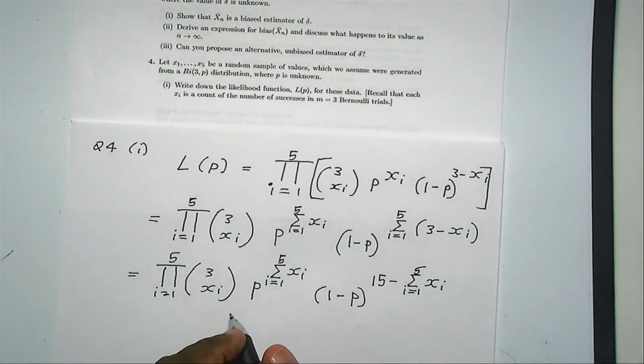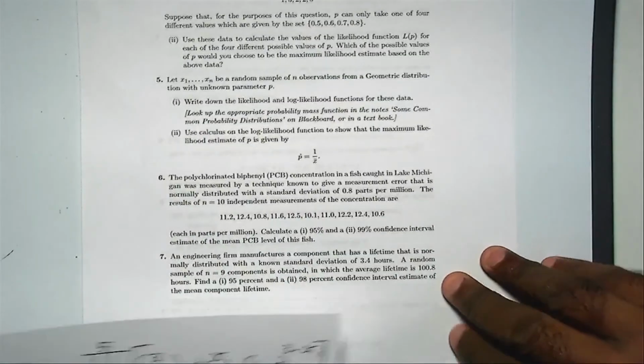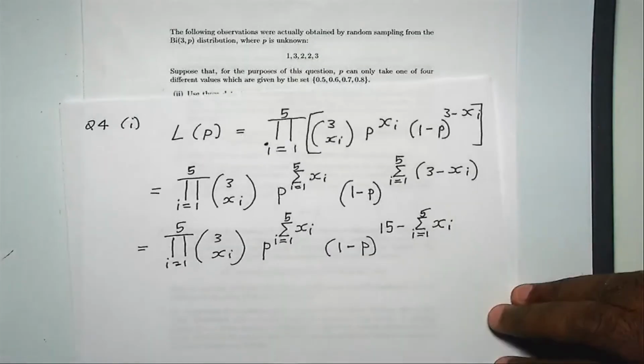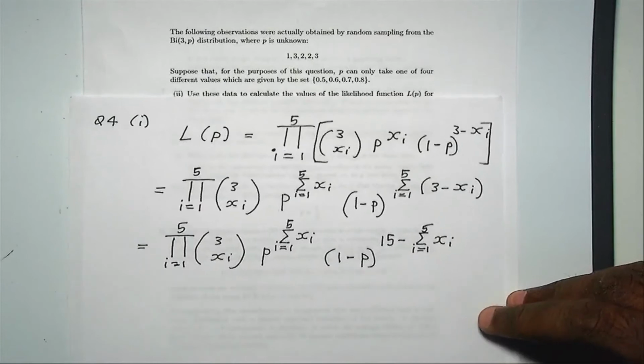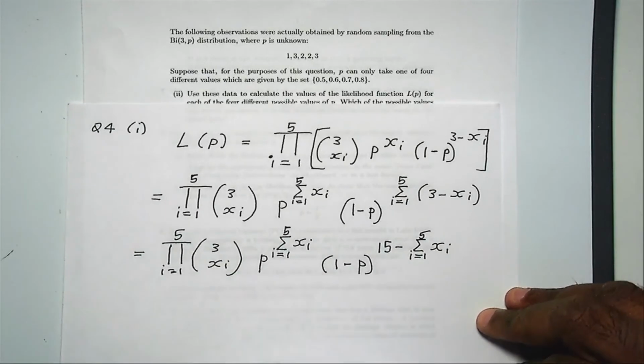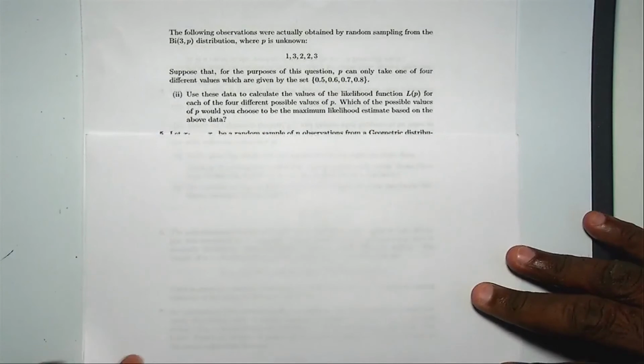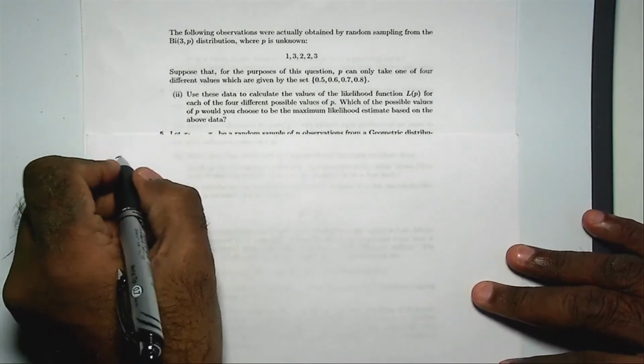Right. Okay. Now let's move to the second part. Here you are given the values for x1 to x5, which are the following. So this is part 2.